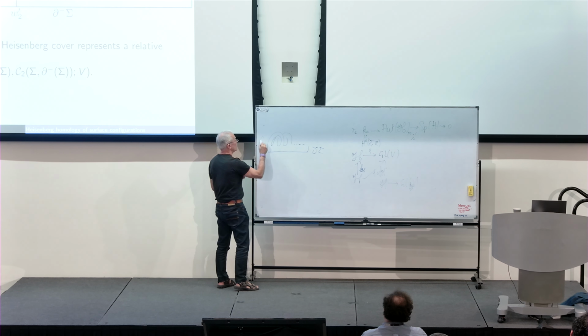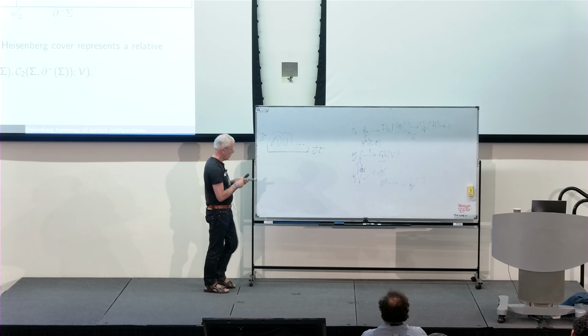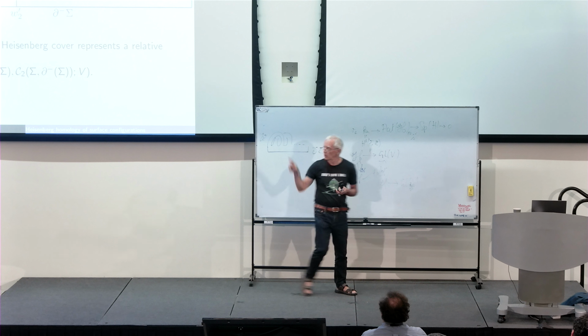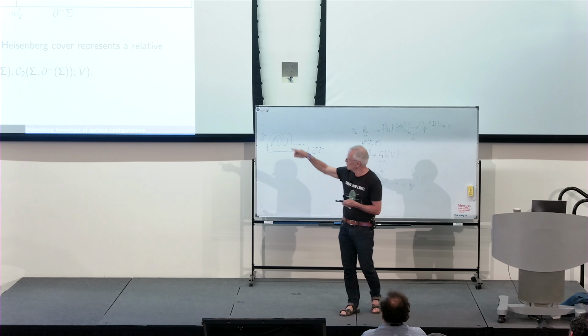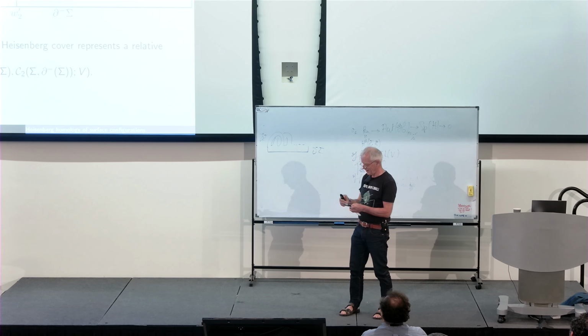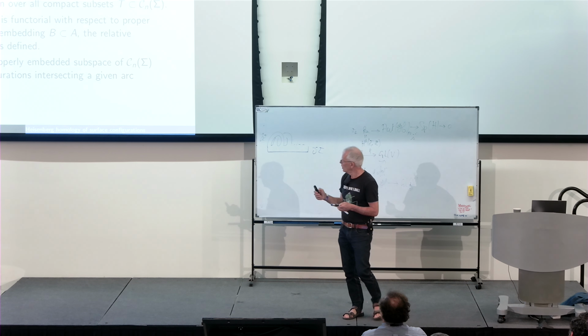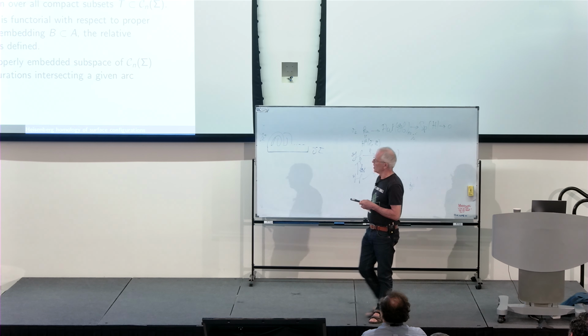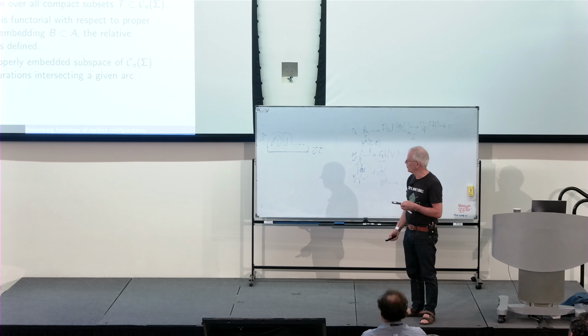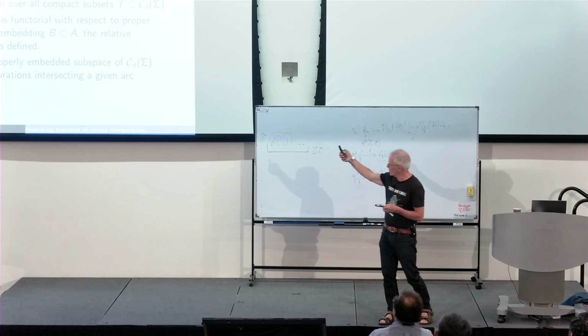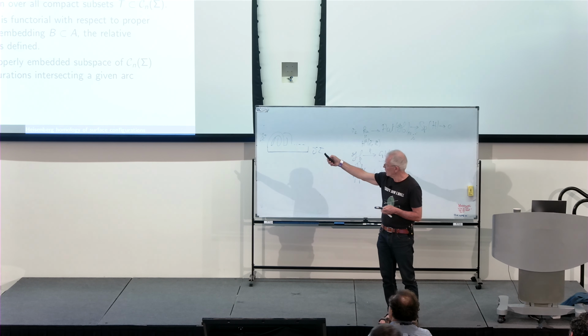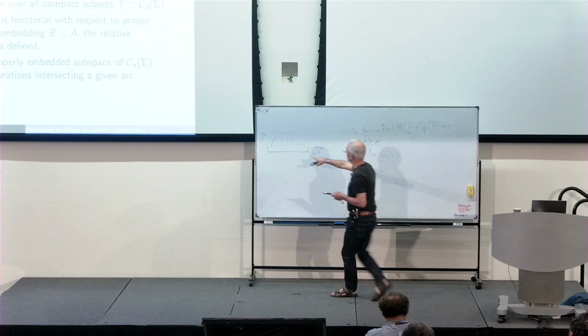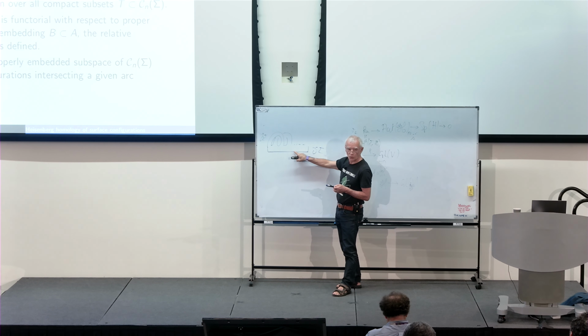So this will be boundary plus of sigma. And then what I denote Cn of sigma, boundary minus of sigma, is a subspace where configurations have at least one point in the blue part.